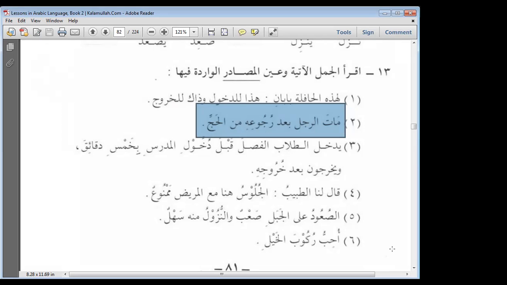That the man died, past tense, بعد رجوعه, after his return, من الحج, from Hajj. The man died after his return from Hajj.